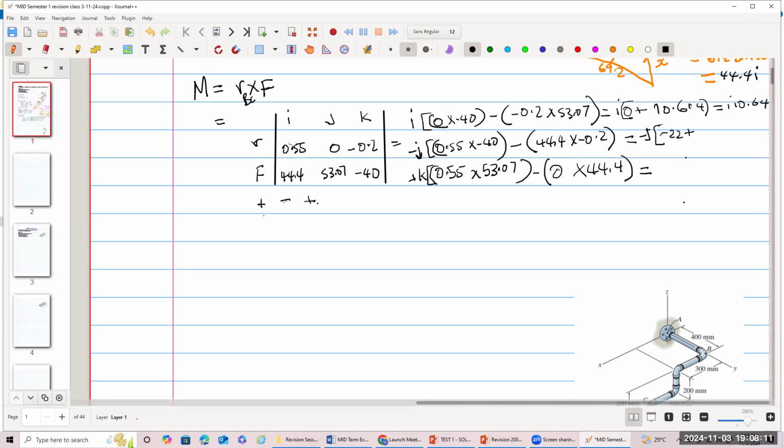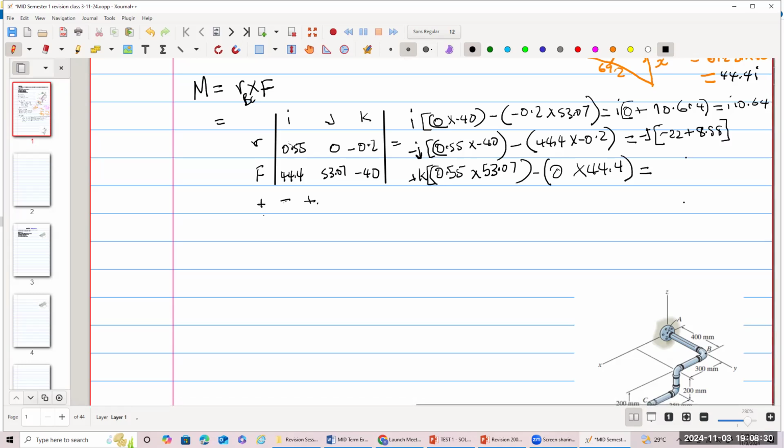So it's 0.2 times 44.4, you get 8.88, but that is plus 8.88. And what that works out to be is the difference between that and 22, so you're getting 13.12.